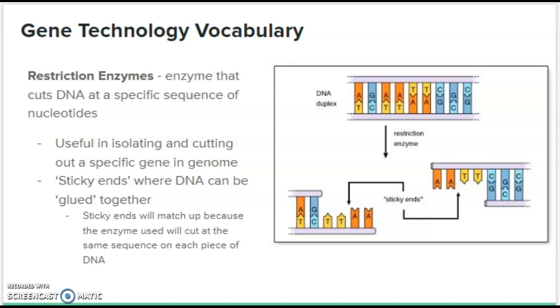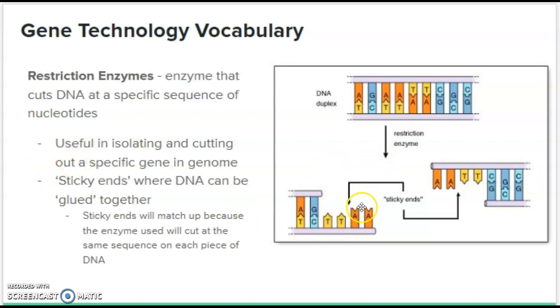All right, so let's take a little look at the vocabulary here for a minute. We talked briefly about restriction enzymes yesterday. These are enzymes that cut DNA at very specific places, and it's good because then you can add new pieces of DNA.